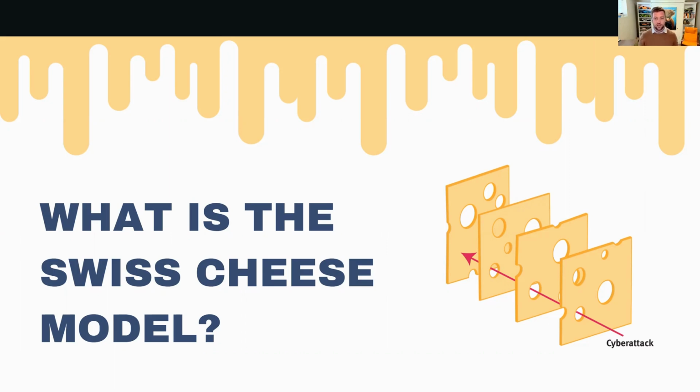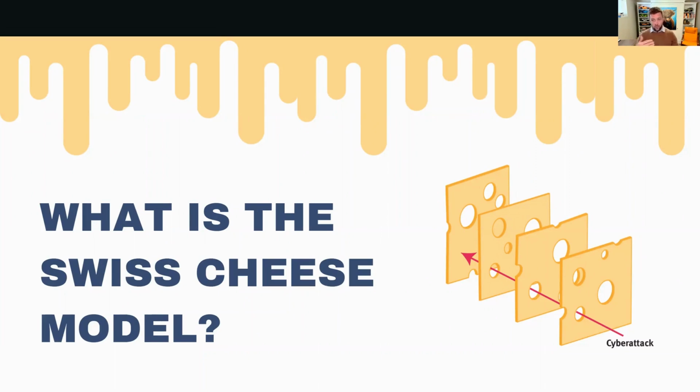It's a good illustration of cybersecurity, because there is no such thing as a single protective measure that you can put in place to protect you from a cyber incident.